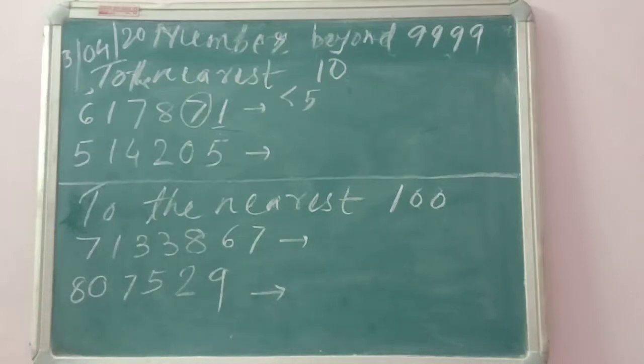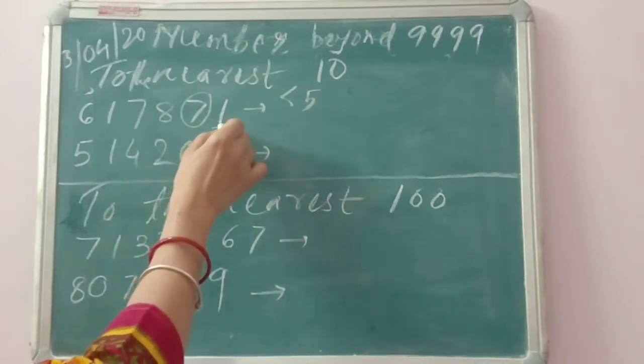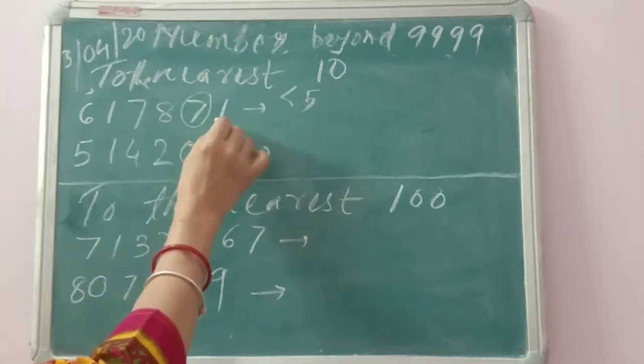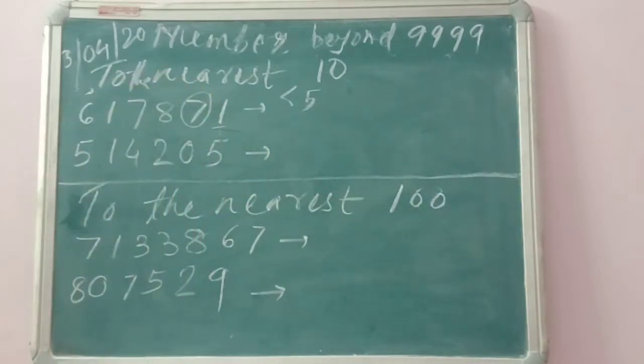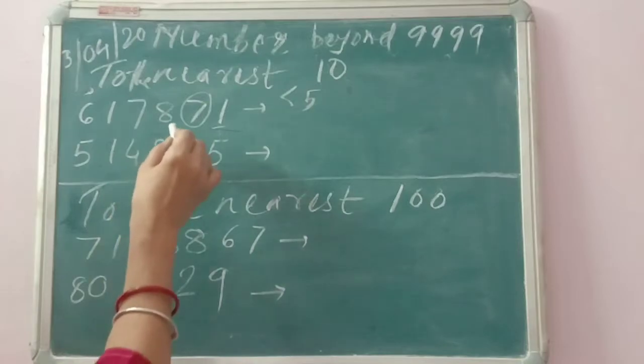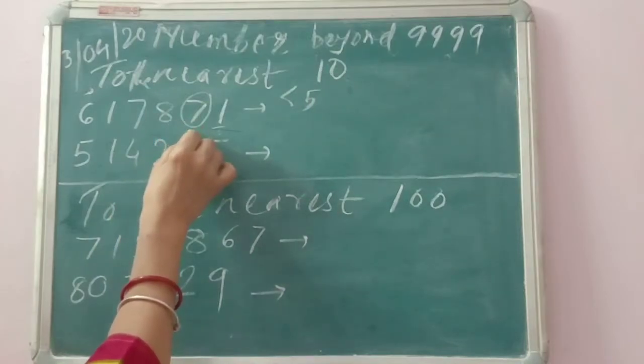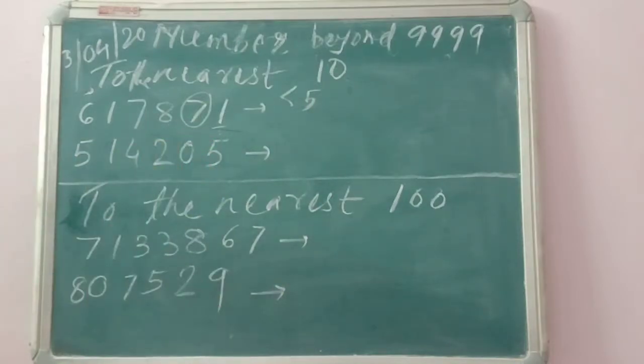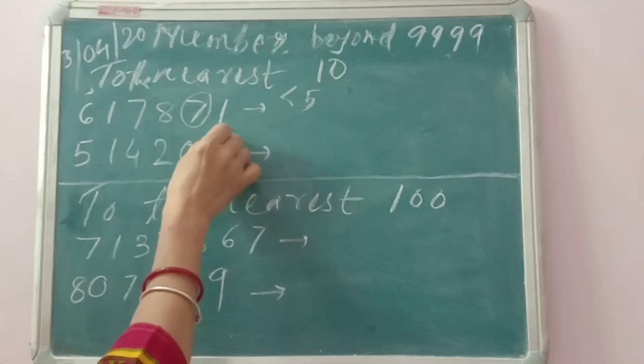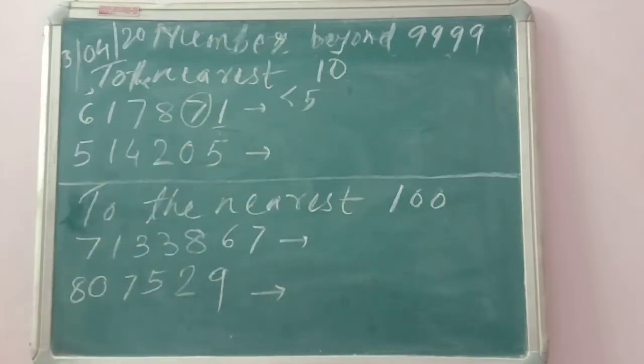Or if the digit at the ones place is greater than or equal to 5, then the digit at the tens place will change to the next tens and the ones digit will be replaced by 0.